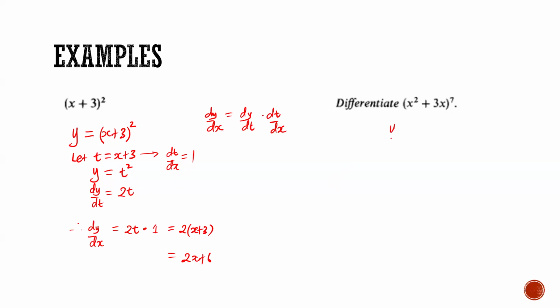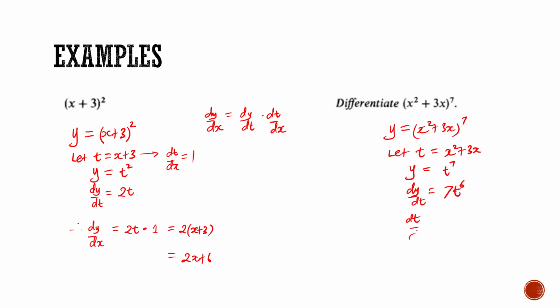Now how about for this case? If we let our y be equal to (x squared plus 3x) to the power 7, realize that we can let our t be the function in the brackets, which is x squared plus 3x. And so we can rewrite this as y is t to the power 7. And so dy/dt will be 7t to the power 6.